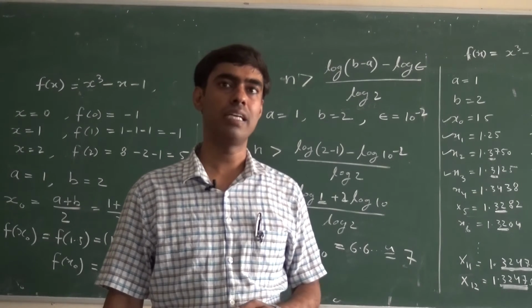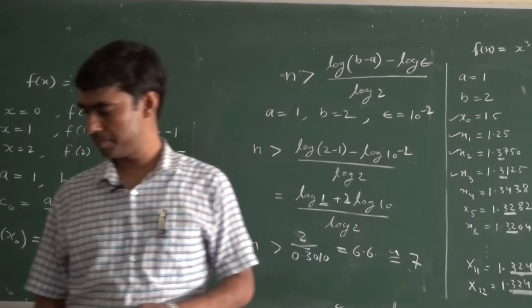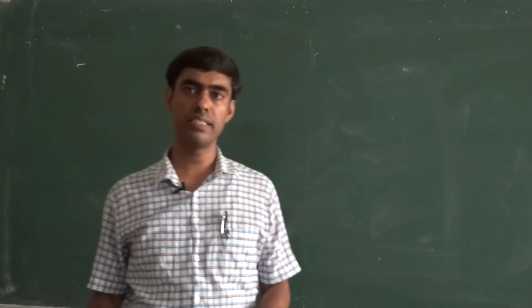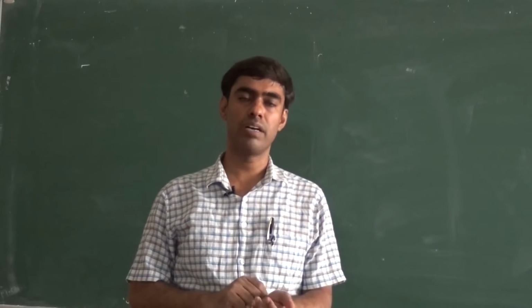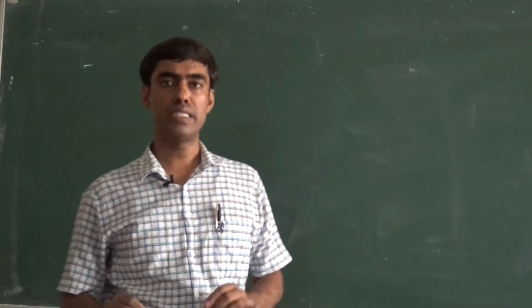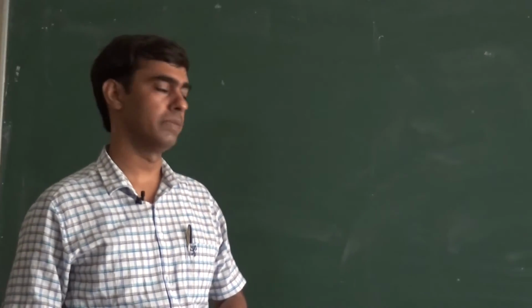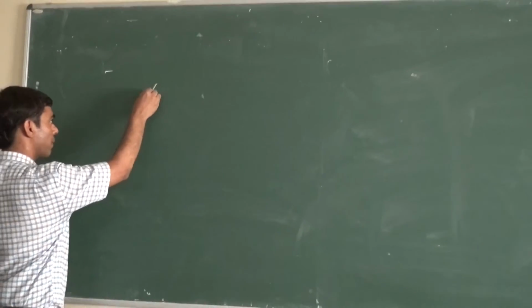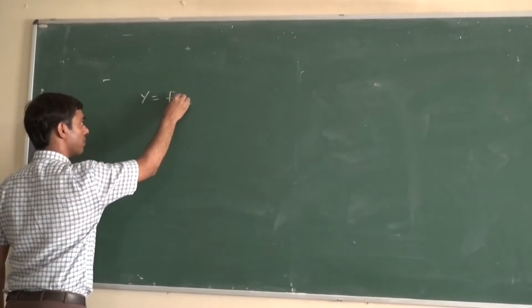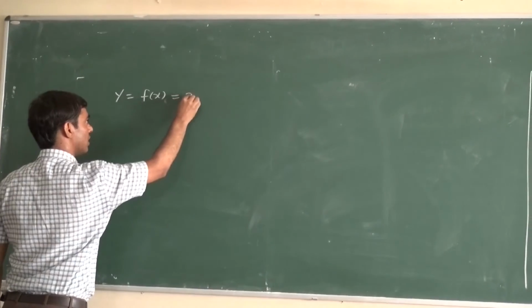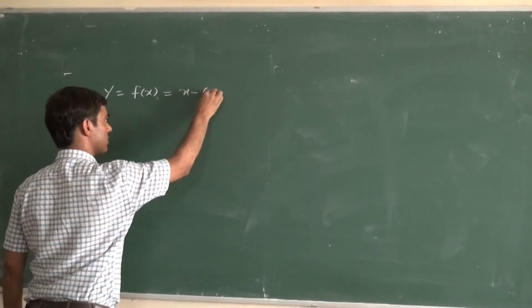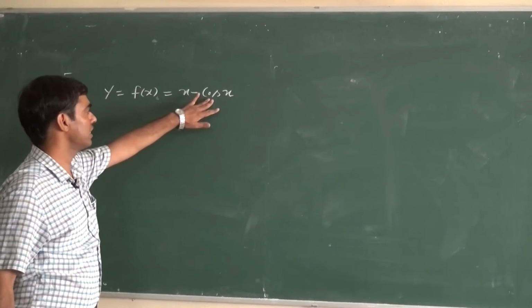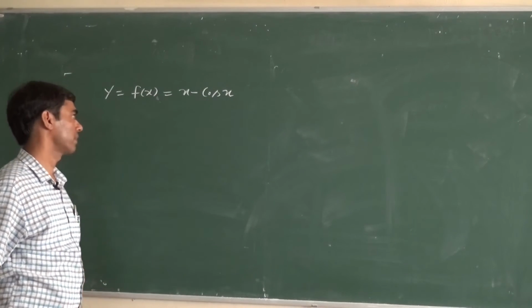First of all, we write the example. Suppose we consider y equal to f(x) equal to x minus cos x. This is a transcendental equation, because there is an involvement of a special function, cos x.